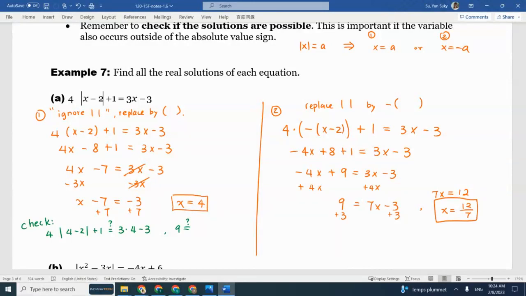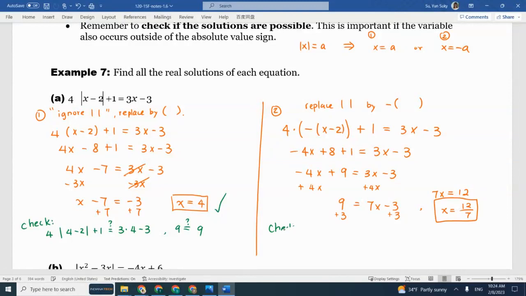Are you able to see the board? Oh, okay. Yes. We're putting in the original equation and seeing if the left hand side equals the right. The 12 minus 3 is also 9, right? Check. Yes. The left hand side equals the right hand side. So yes, this is a solution.